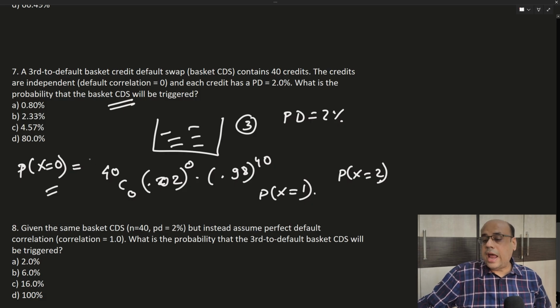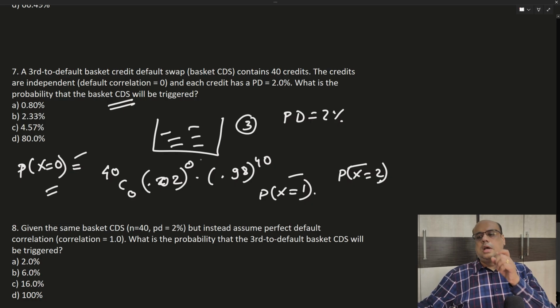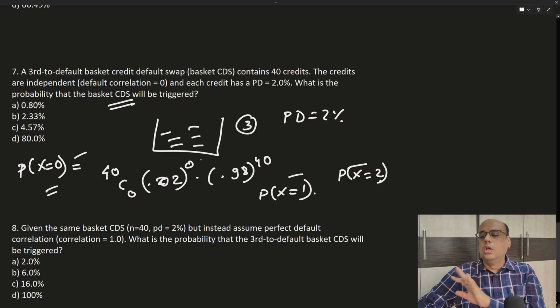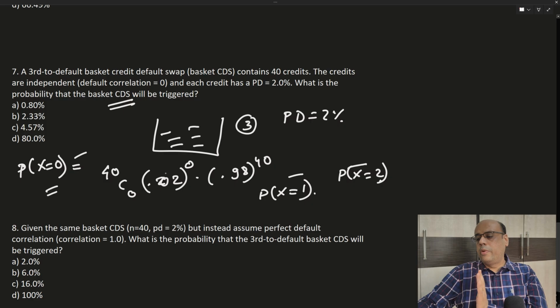So you add x equal to 0, 1 and 2, and 1 minus this gives the probability of x equal to 3 plus x equal to 4, and so on. Since either it will default or not default, it is a discrete distribution, so the total will always be 1, with outcomes 1, 2, 3, 4, 5, 6 up to 40. So 3 and above is 1 minus the probability of x0, x1 and x2. Do the math, you will get the answer.